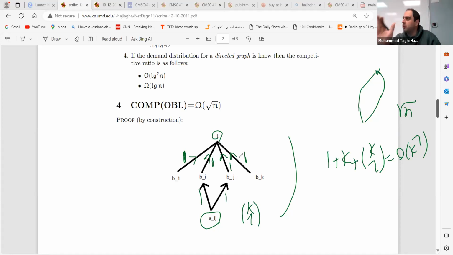Congestion is how much flow there is relative to capacity. Now, I want to say that in this graph, there is no oblivious algorithm that is better than square root of n competitive, which in this case would be order K.